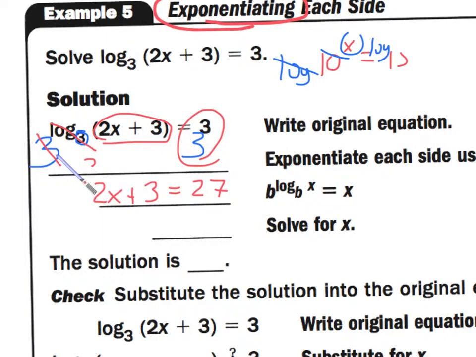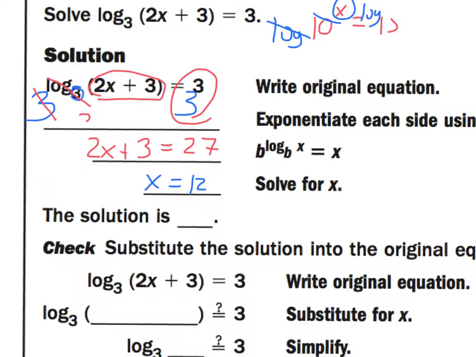So I took this base and I made it huge so that this is now an exponent and that's now an exponent. Now from here, we're going to do 2 steps. We can do it all at once. So I'm going to subtract 3 to get 24, divide by 2 to get 12. So my solution is 12.